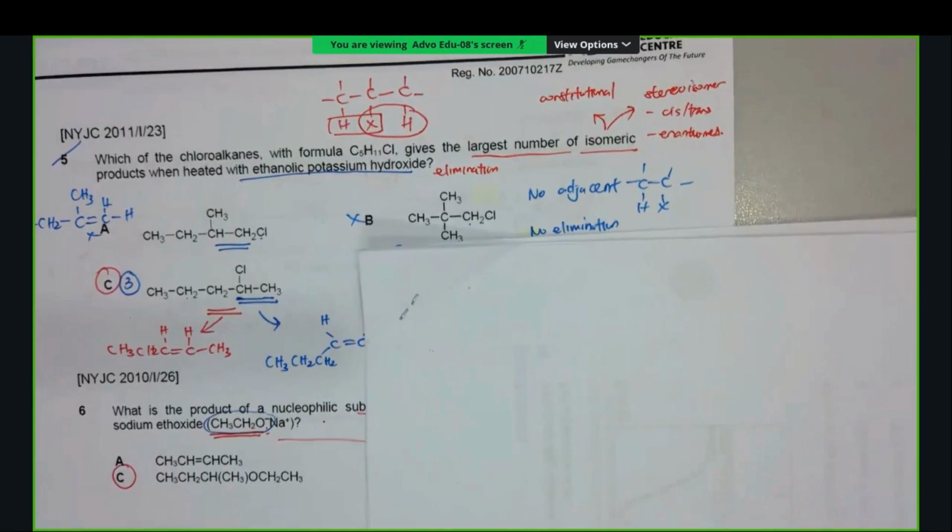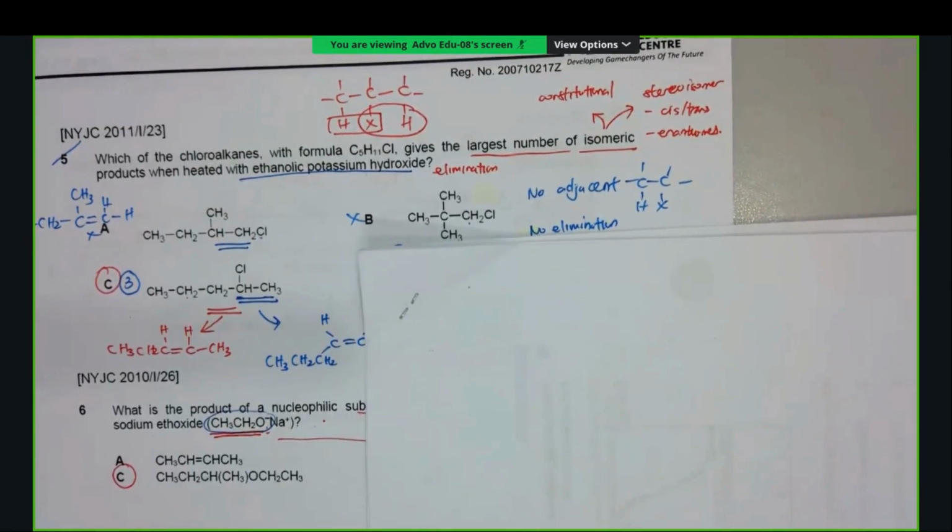John, can this exhibit cis-trans isomerism? What's the criteria? Number one, the double bond, you cannot rotate it.